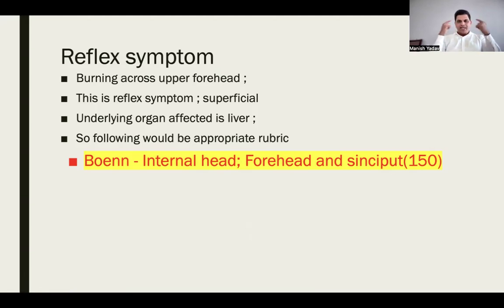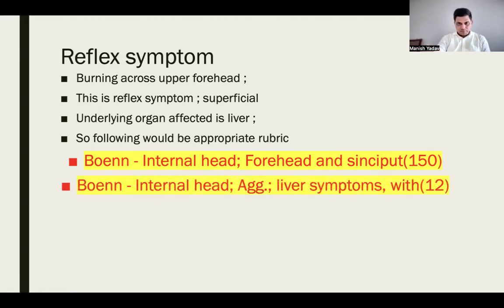Internal head, I just took location. Now whether it is burning, stitching, itching, forget it. I just took location. And there is one beautiful rubric in Bonninghausen, not in Boger: internal head aggravation with liver symptoms.